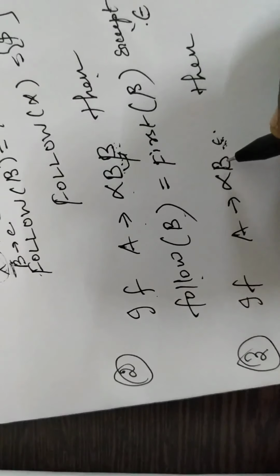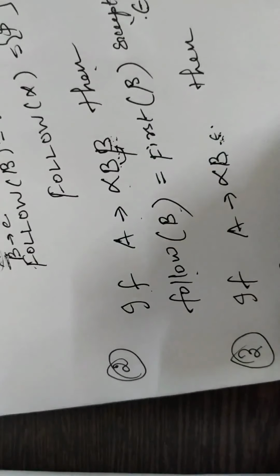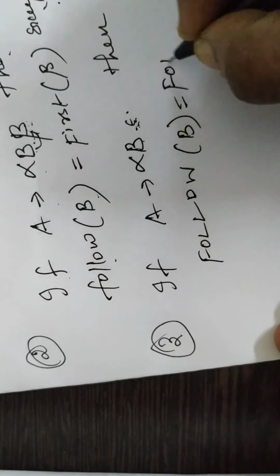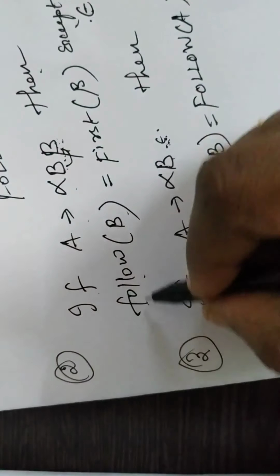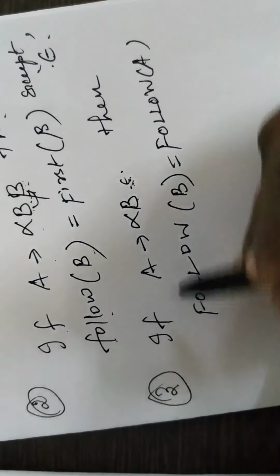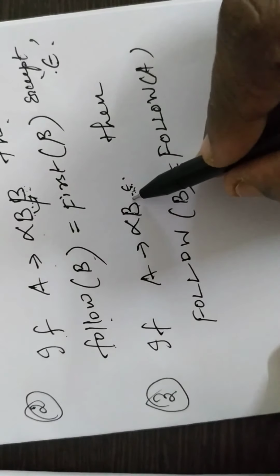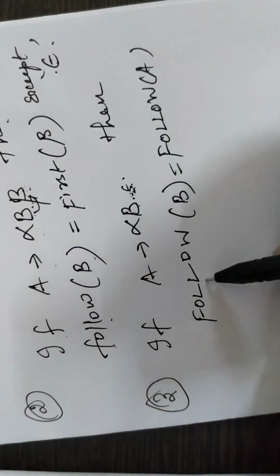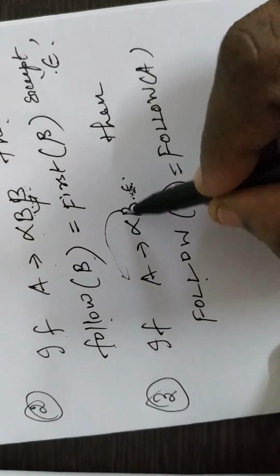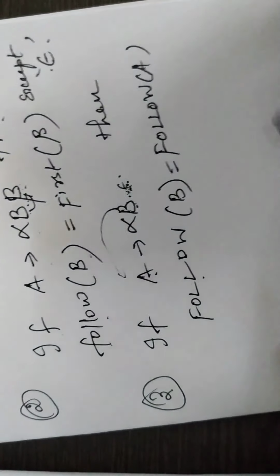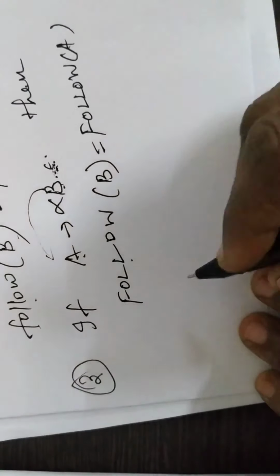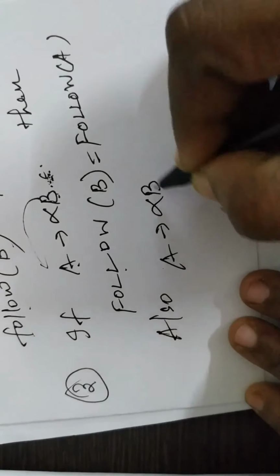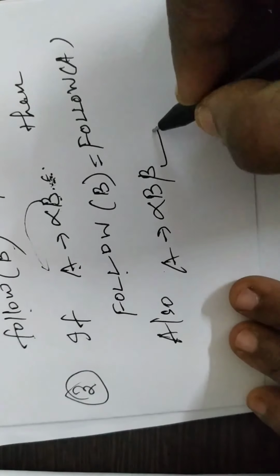So follow of B is follow of A. See, if A tends to alpha B, there is no beta here, beta is epsilon.